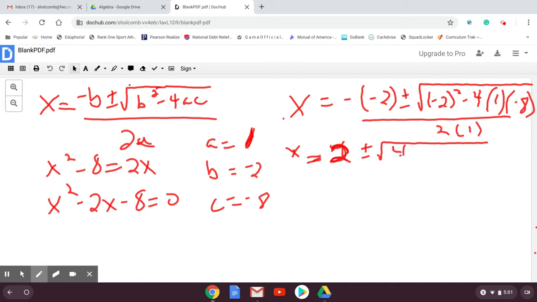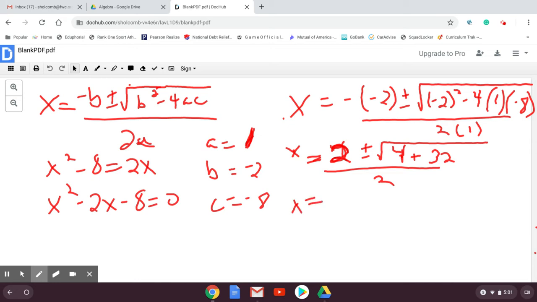There's the first potential mistake: when you square a negative, you should get a positive. And this is the single most important point. What is a negative 4 times a positive 1 times a negative 8? It has to be a positive number because a negative times a negative is positive. 4 times 8 is 32. All of that divided by 2.